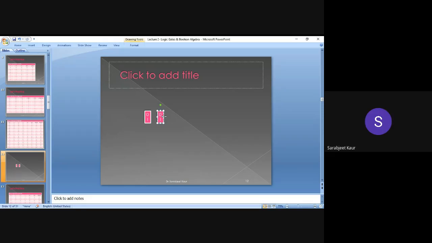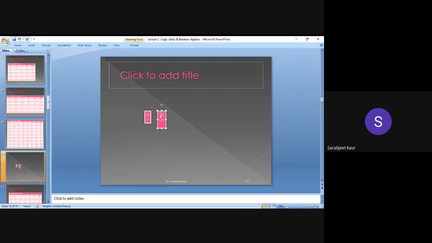Please see these two Boolean numbers that I had for the single Boolean variable. I am going to append them with a 0 first.